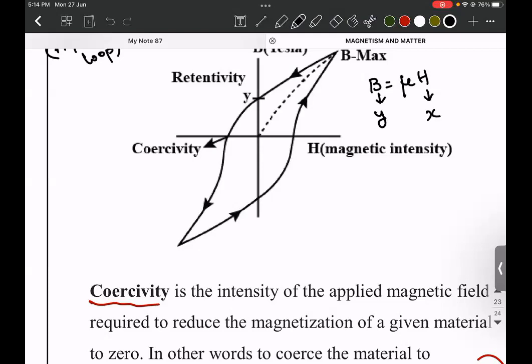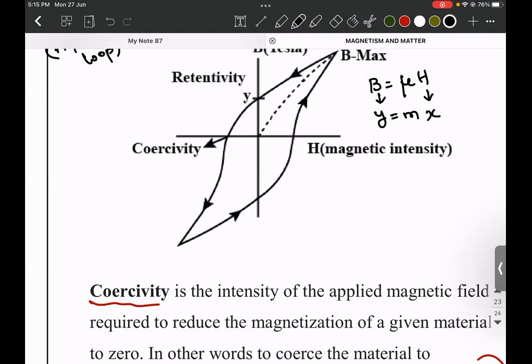This is of which form? Y is equal to mx. If you revisit mathematics and recollect what shape that graph represents, y is equal to mx is a straight line that passes through the origin.